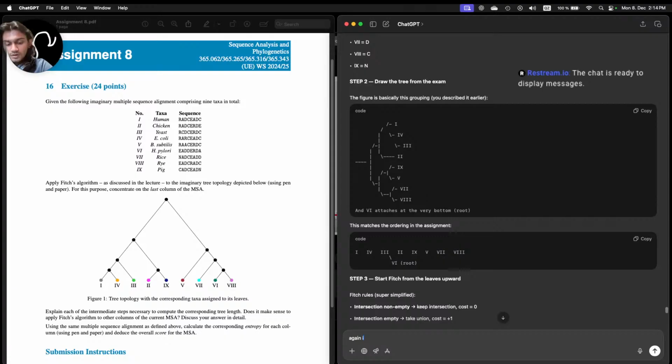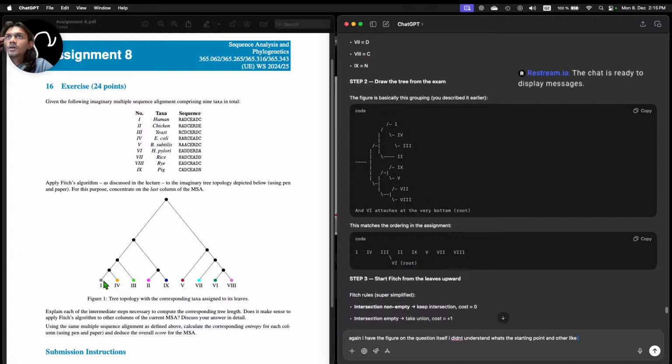Again, I have the figure in the question itself. I didn't understand what the starting point is, and others. Wait, so 1 and 4, 1 and 4, that's C, right?